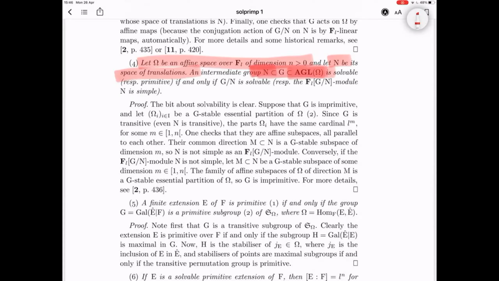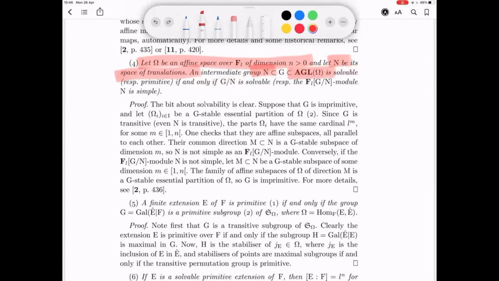And the proposition says that G is solvable if and only if G modulo n is solvable. First of all, why can I talk about G modulo n? Why is n normal in G?